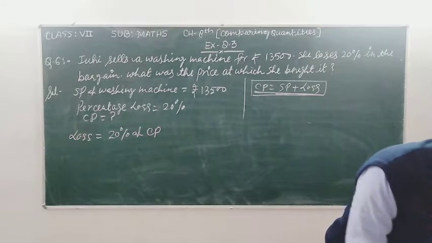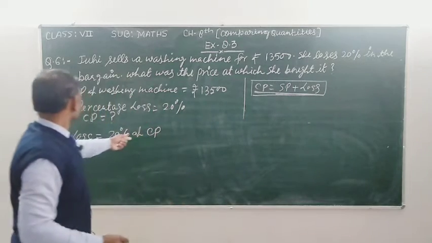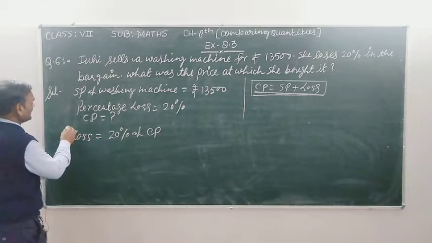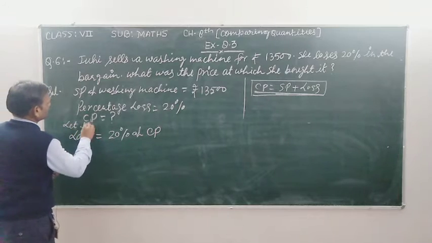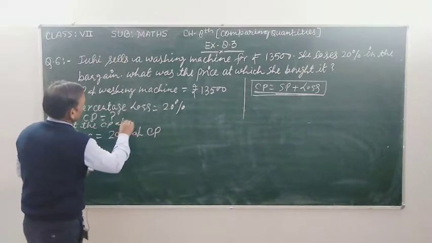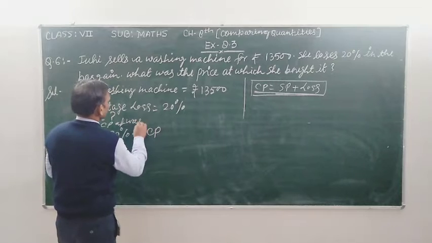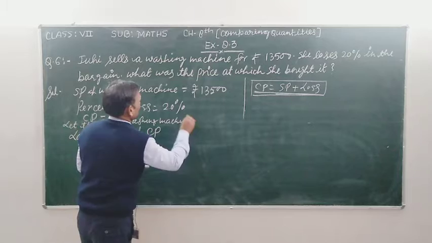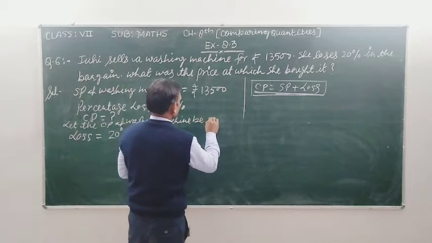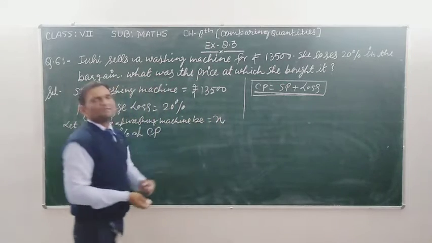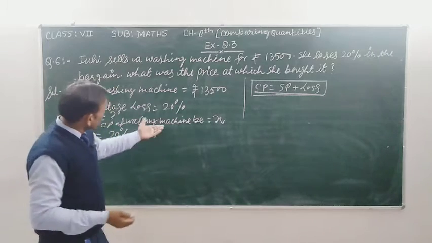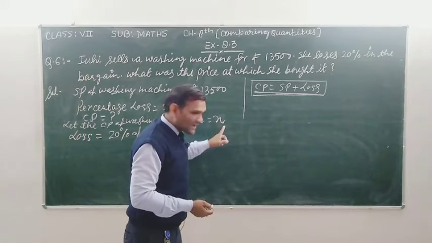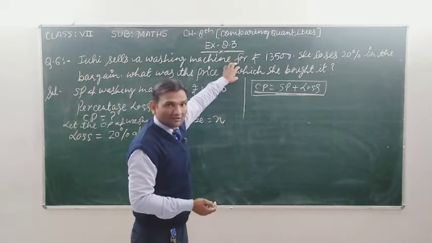CP तो दिया नहीं है आपको, CP is not given. So for this we can assume, let the CP of the washing machine be X. मान लिया मैंने कि CP जो है वॉशिंग मशीन की, X है, and this X we have to find out.